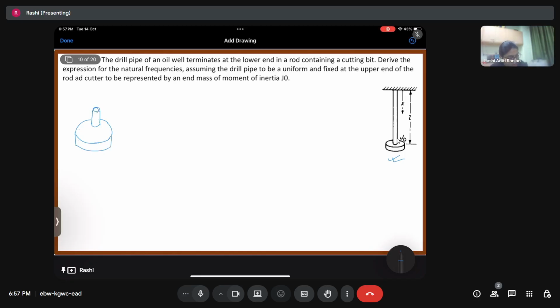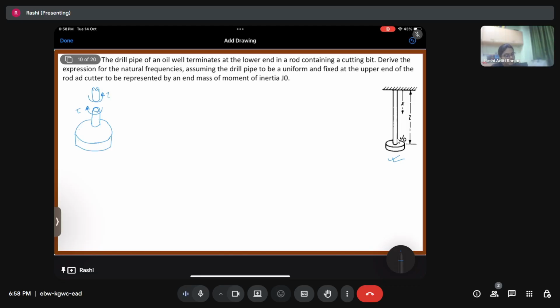So this cutter is going to have a torque over here, right? We are just considering the upper part. There is going to be this part also, right? We are just considering the lower part of it. So it is going to have a torque. Why? Because this is going to have a torque, right?